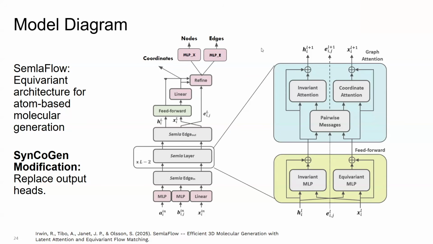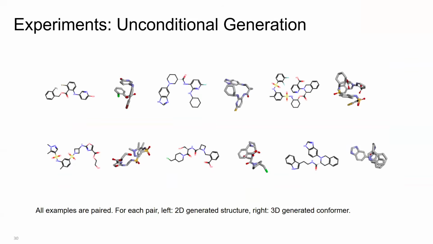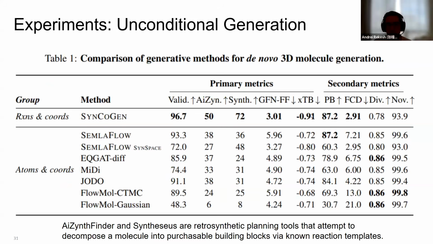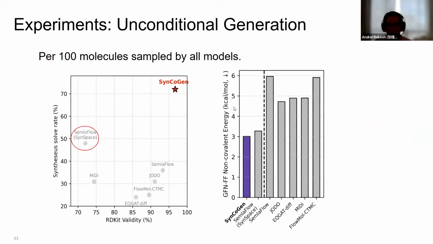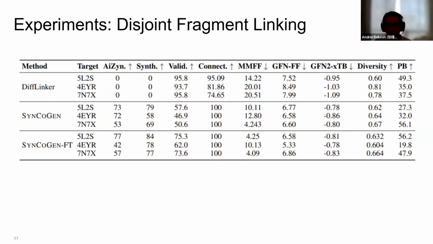I have a very silly question, but you showed many metrics and I'm just curious about some of them, like the MMFF, what is that metric? Oh, all of the GFN, FF, all the FF correspond to different energies calculated via different sorts of molecular force fields.